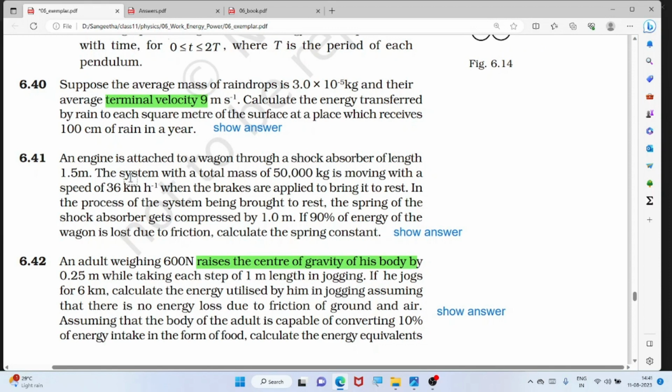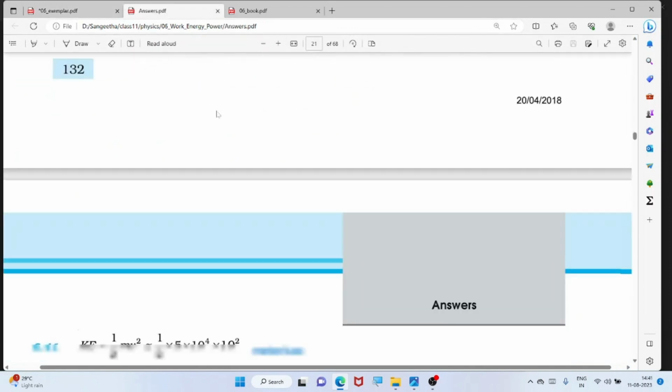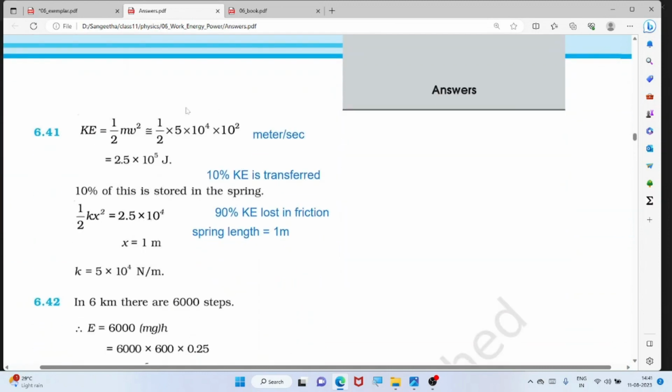Of this kinetic energy, only 10% is stored in the spring. The 90% is lost due to that collision. 10% of the kinetic energy is this. Now this is the spring constant.